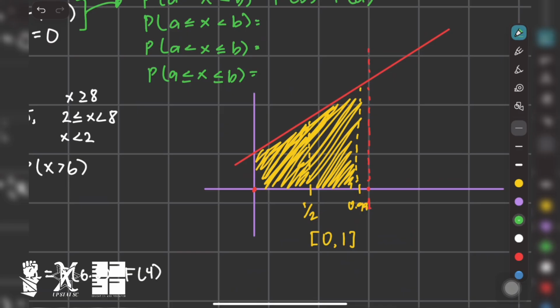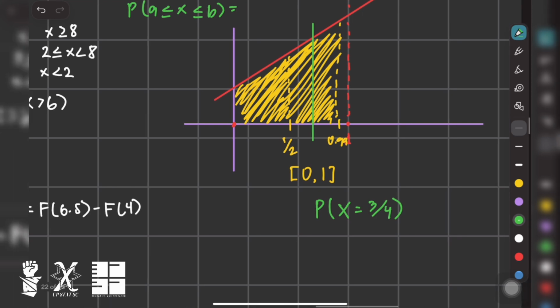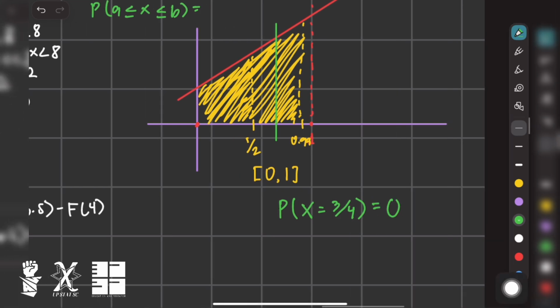Practically speaking, what is the probability that x is equal to 3/4? No, because I'm just looking at a line. A line doesn't have an area, so that's just basically 0.